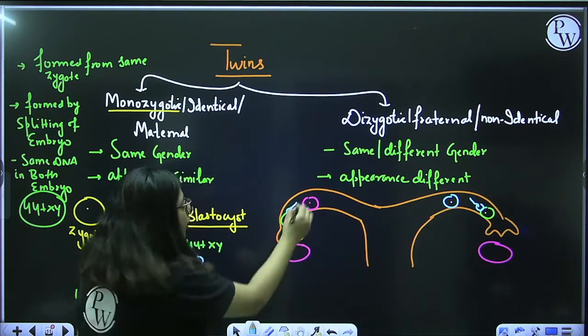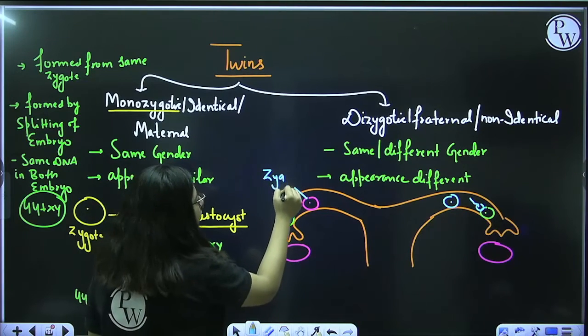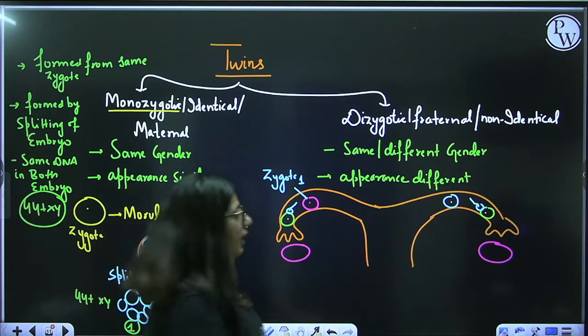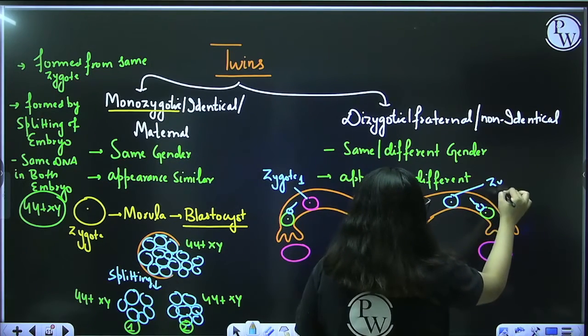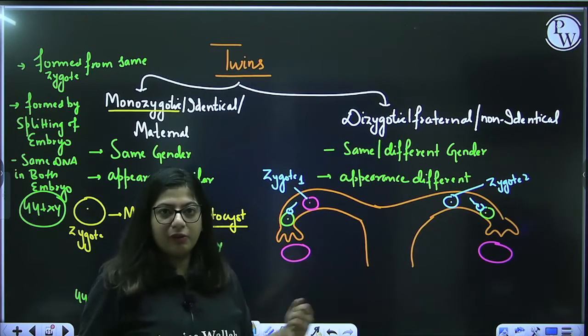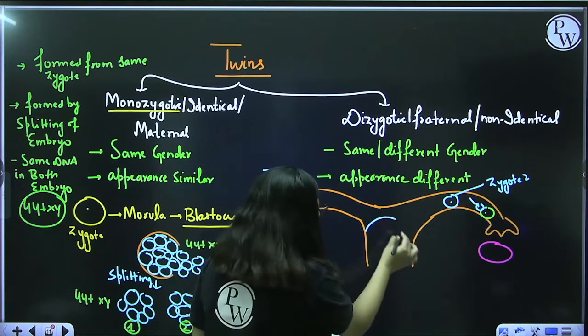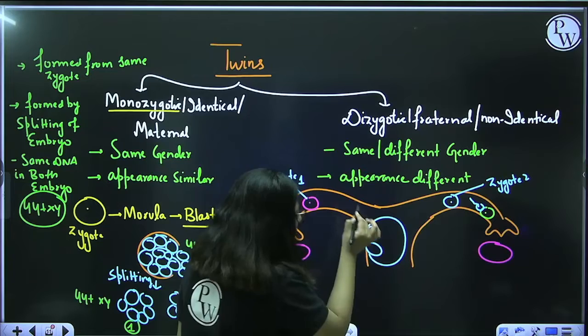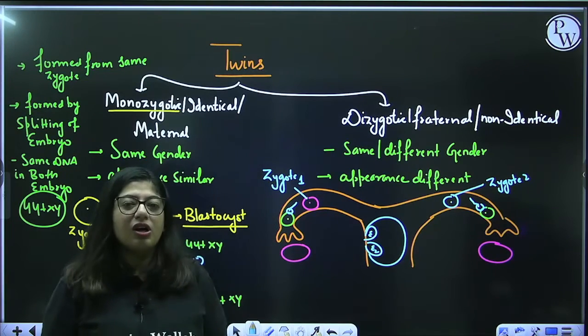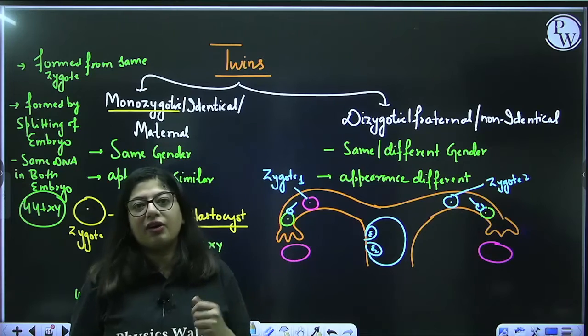So this is your zygote 1. Imagine this contains information 44 plus XX, and this is zygote 2, which contains information 44 plus XY. So one male, one female will be formed. So here two babies can be seen. This is embryo 1, this is embryo 2, right? This is how fraternal or dizygotic twins are formed.